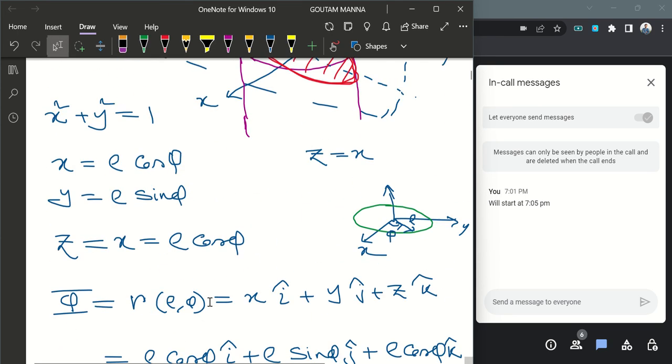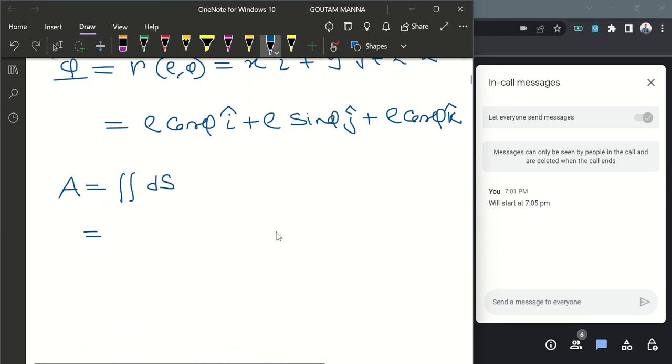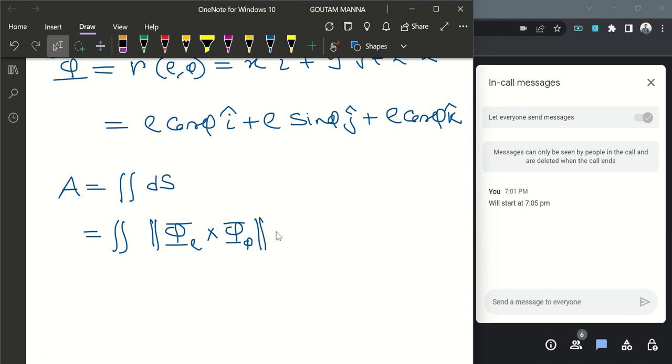Now this dS can be written as the magnitude of del r by del rho cross del r by del phi, times d rho d phi.